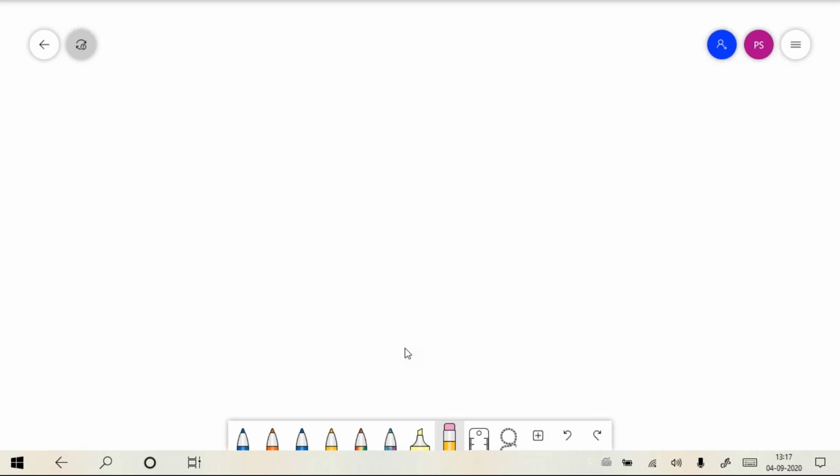I will repeat this, Gargi, don't worry. Akanksha, let me first complete this. I will repeat this again later, but let me first complete this.